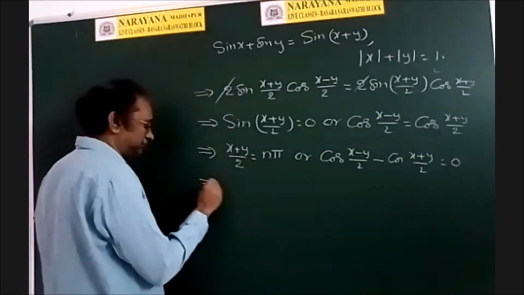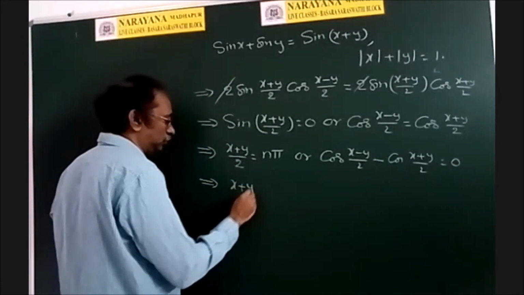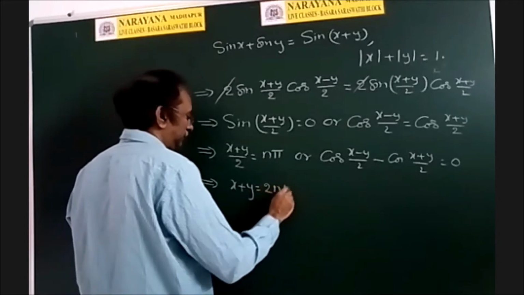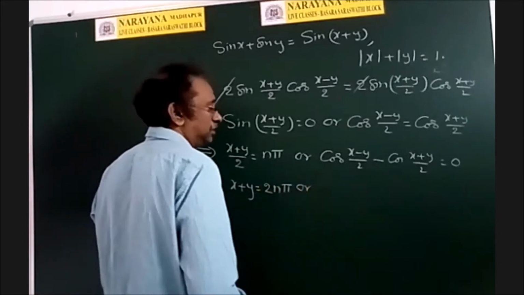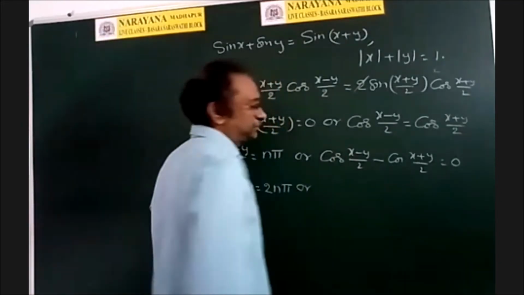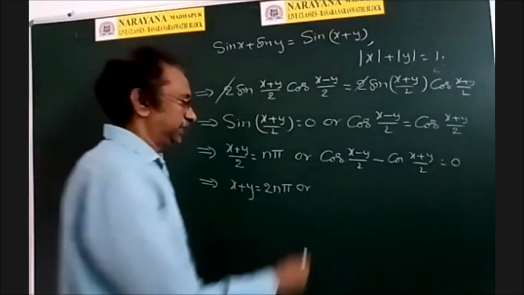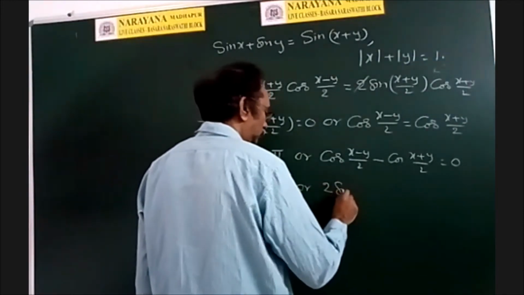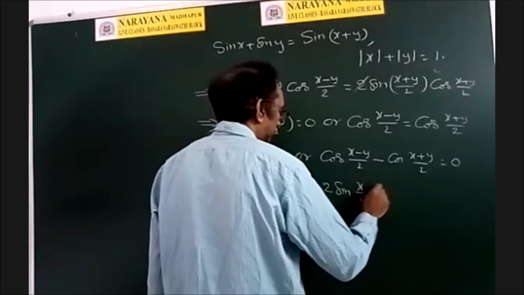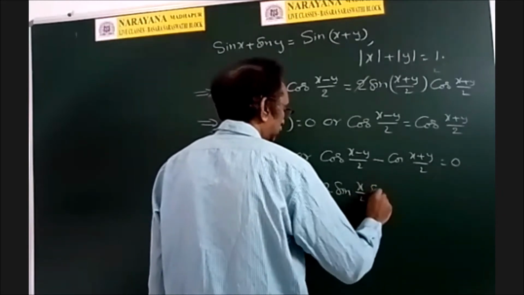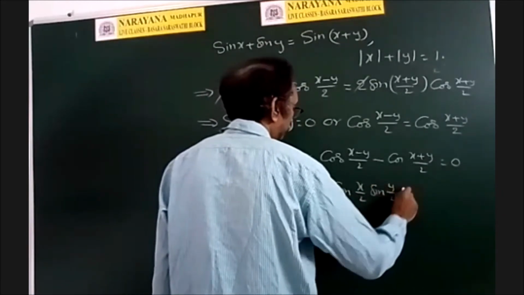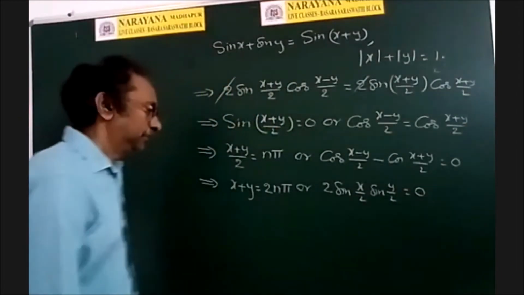So that implies x plus y is equal to 2n pi, or see, this is cos(a minus b) minus cos(a plus b), which is 2 sin a sin b, that is 2 sin(x/2) sin(y/2) is equal to 0.